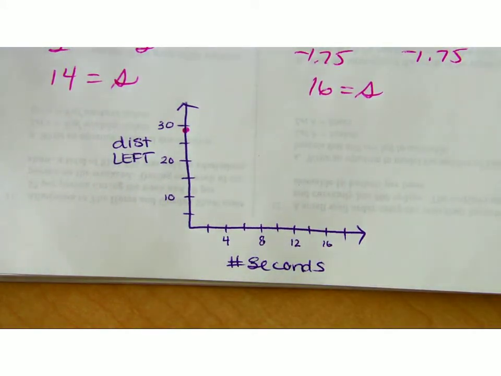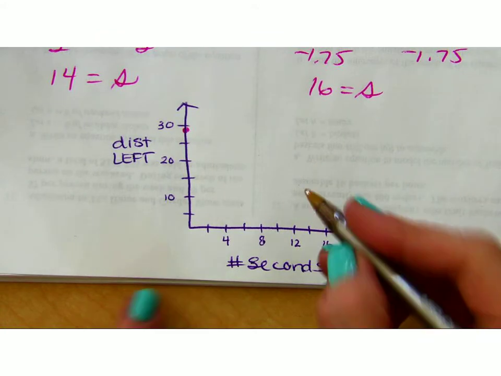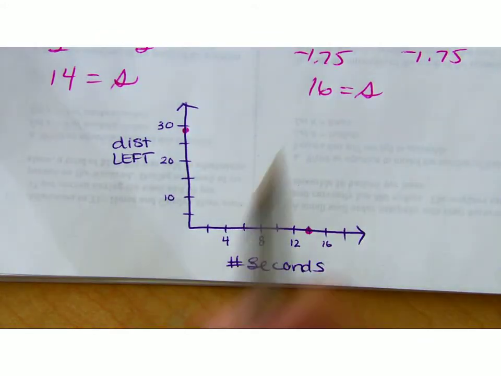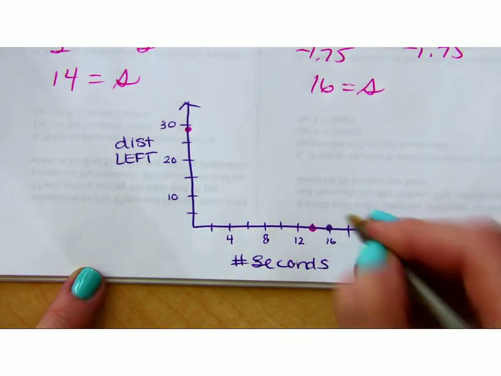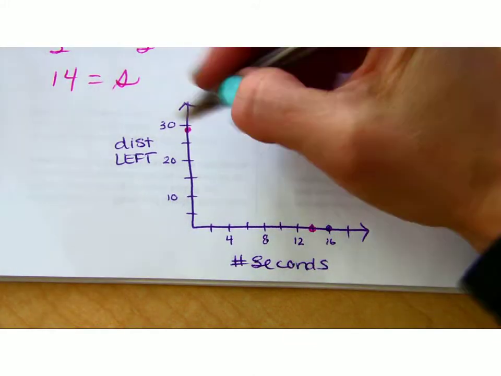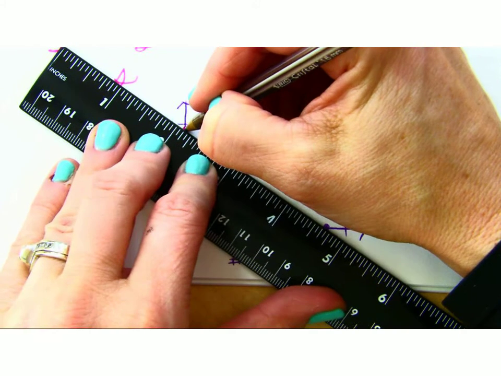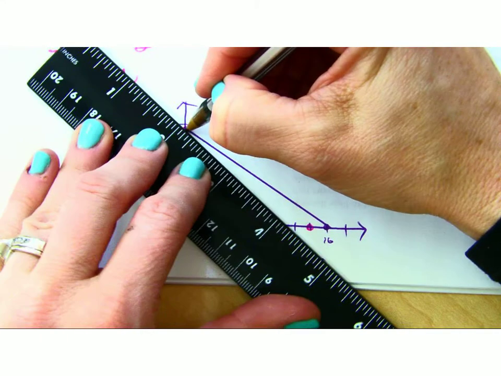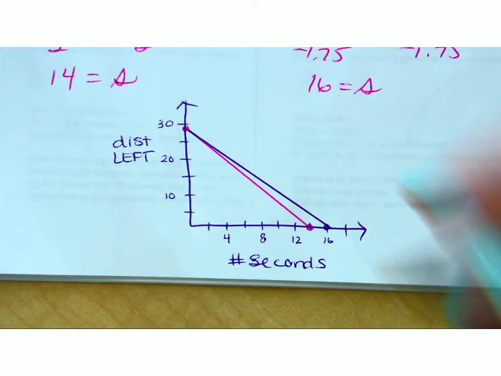I'm going to have one of my pieces of data end at 14 seconds. And then the other one ends at 16 seconds. So I'm going to connect this one with this one, and then this one with this one. And that's what your graph looks like.